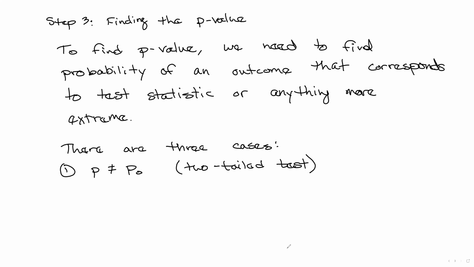So let's say that your null hypothesis is that 50%, or 0.5 proportion, of something is the case. You could use that for voters, you could do that for coin flips, whatever. So the null hypothesis is that 50% of something is true. Well, there are two ways that can be wrong.